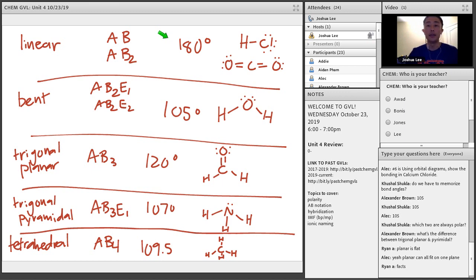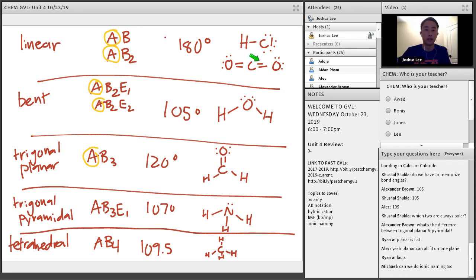So the AB notation, what it is, A is your central atom, always. Usually, or most of the time, except when there's only two things. When there's just two things, you can't have anything besides linear, because if you attach two separate atoms together, you can only have a linear shape.